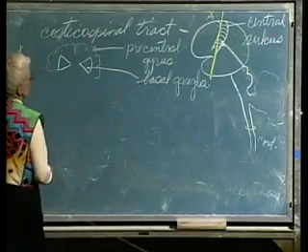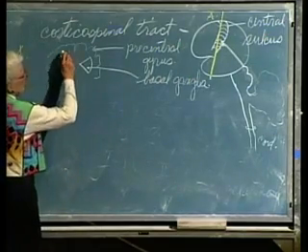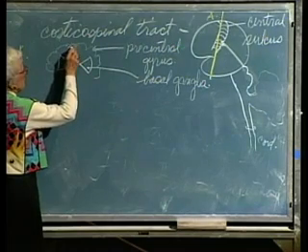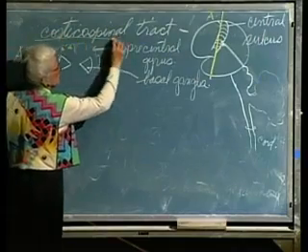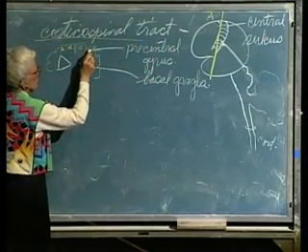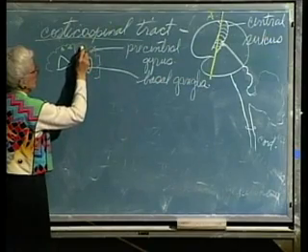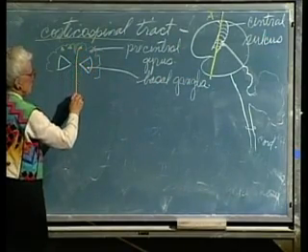And then let's start now with our pyramidal cell up in the precentral gyrus. It's going to be the origin of our corticospinal tract. We have lots of pyramidal cells up here, and their axons then are going to descend.